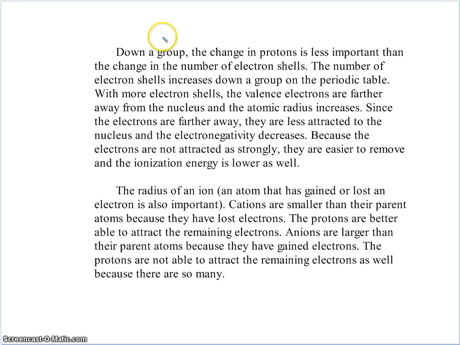Down a group, so now this is vertical, the change in protons is less important than the change in the number of electron shells. Here I'm going to box that. So electron shells are my focus here. The number of electron shells increases down a group on the periodic table, whereas in a period, they don't change.